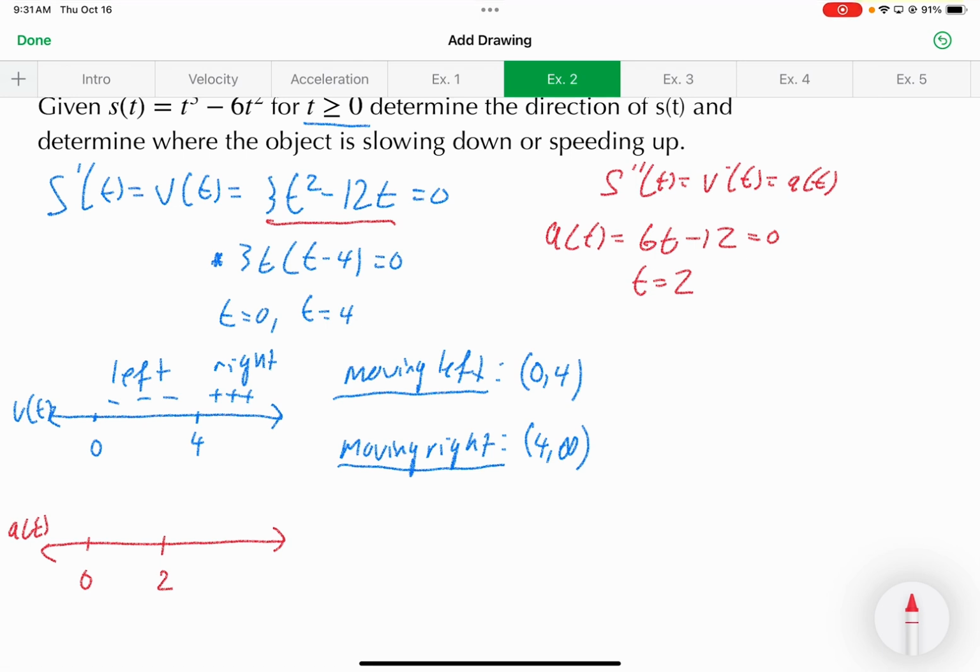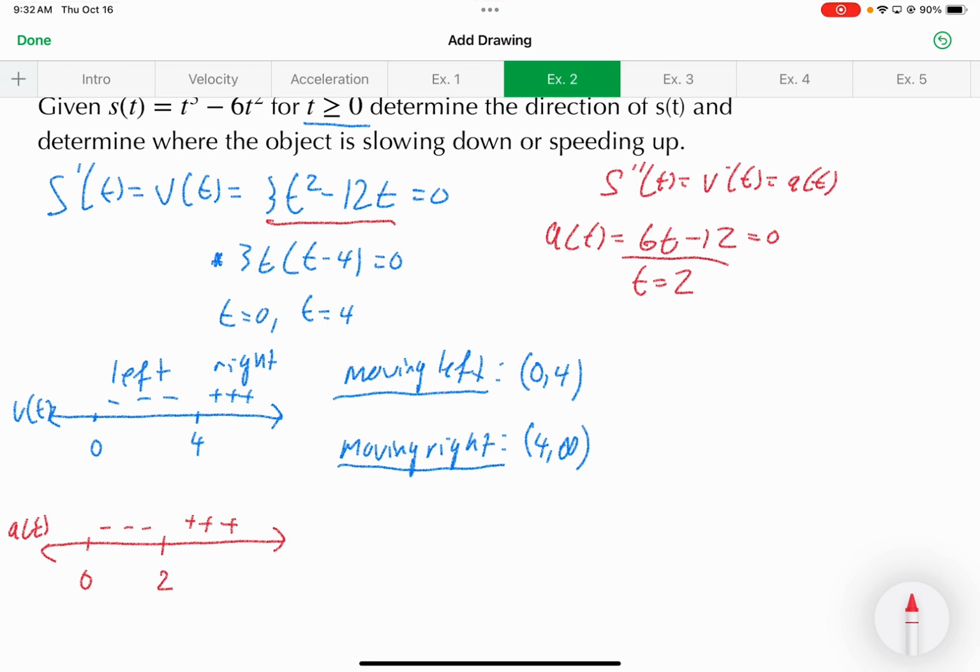If I plug in a value between 0 and 2, would I get positive or negative outputs for my acceleration? Plugging it into here, it would be negative values. And then if I plug in a value to the right of 2, so 6 times 3 minus 12, that's going to give me positive values. We already figured out movement. That's bound to velocity.